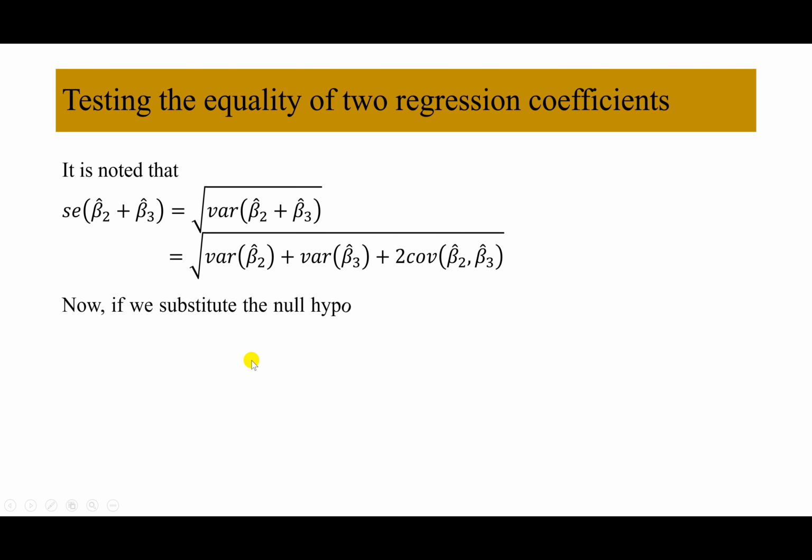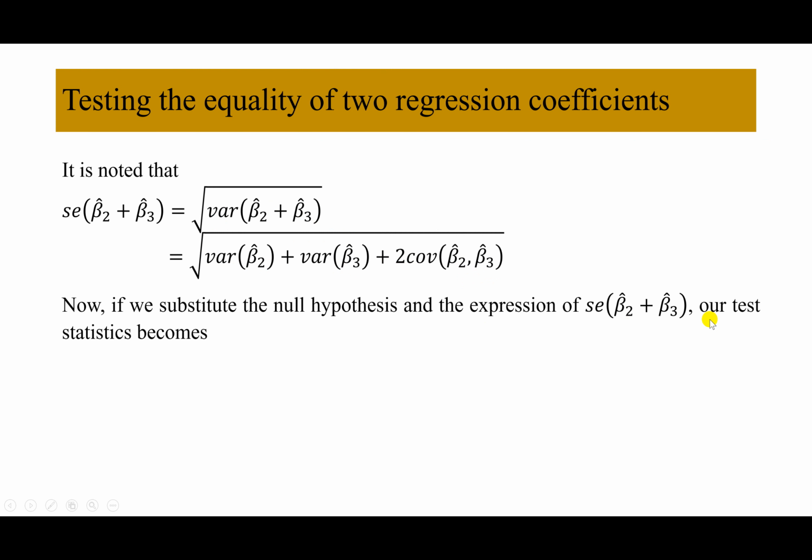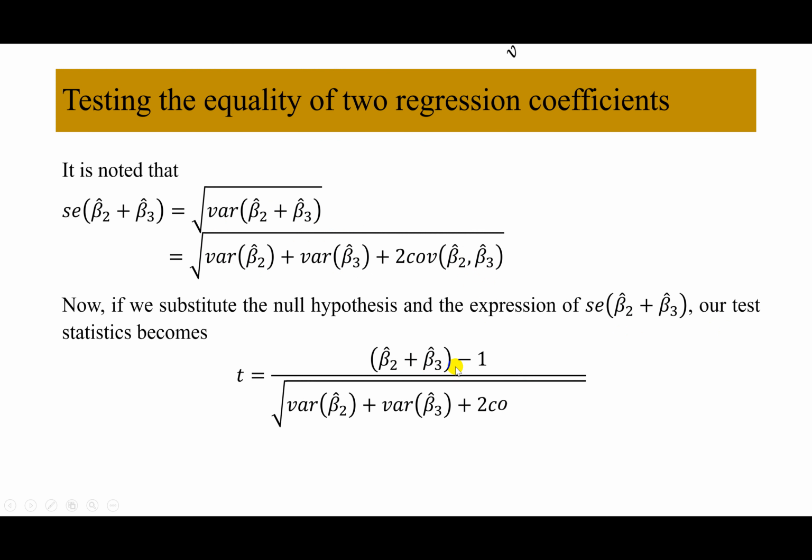Now, if we substitute the null hypothesis and the expression of the standard error of beta hat 2 plus beta hat 3, our test statistic becomes t equals beta hat 2 plus beta hat 3 minus 1. Here the value is 1 because our null hypothesis is that beta 2 plus beta 3 equals 1.